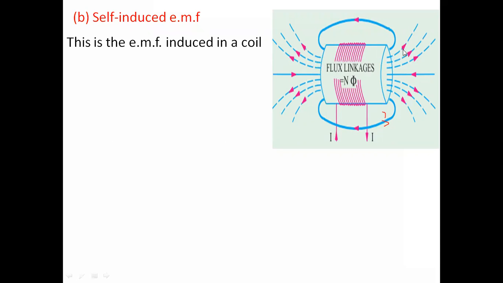The generated flux may cut this coil again. First we send the current, and due to that the flux is generated. The generated flux again cuts this coil, and due to that the EMF is generated in the same coil.